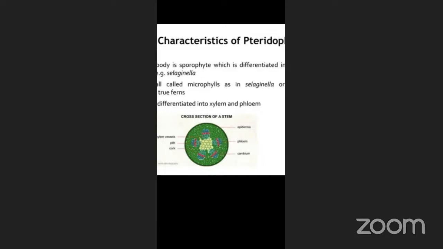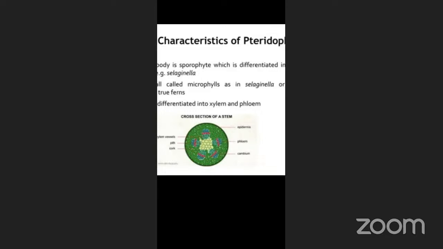Another term is megaspores, which are large in size and act as female reproductive spores. Some species are homosporous, for example Lycopodium and Equisetum. Heterosporous condition occurs in Selaginella and Marsilea.